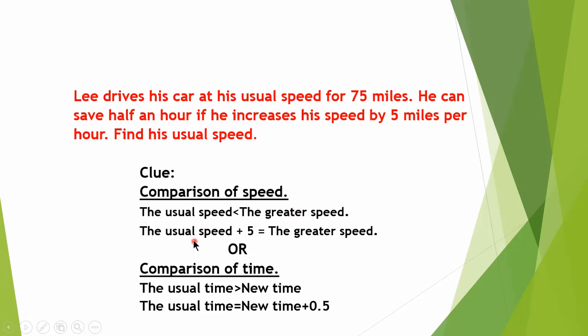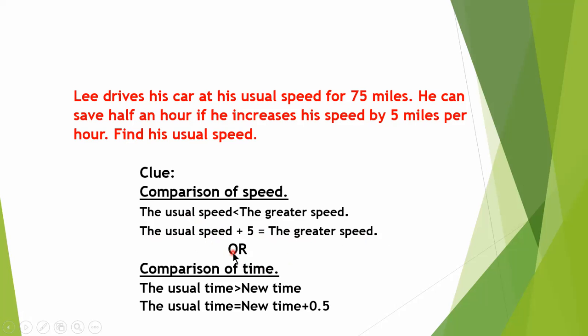So usual speed plus 5 equals the greater speed. So you should add the difference to the lesser side, or you can subtract from the greater side. So the usual speed plus 5 equals the greater speed.